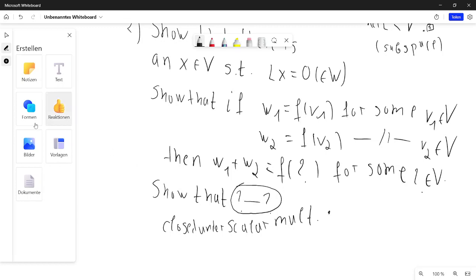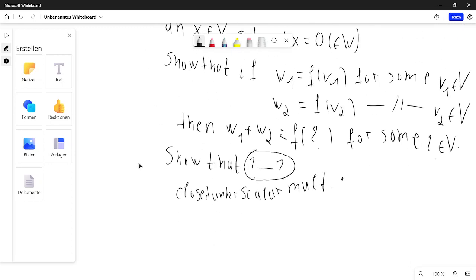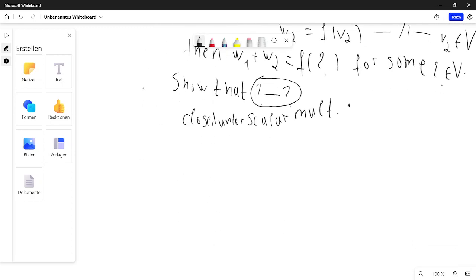Alrighty, that shows that, and of course I won't hide from you the third part of the proof. So let L be injective. If you recall, the third part is that L is injective if and only if the kernel is exactly the zero vector.